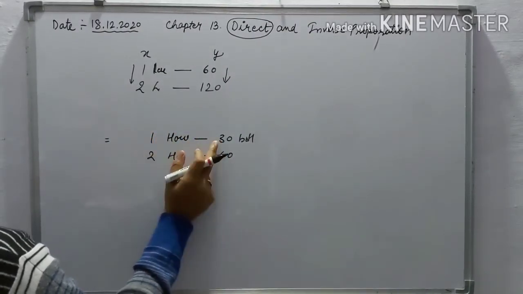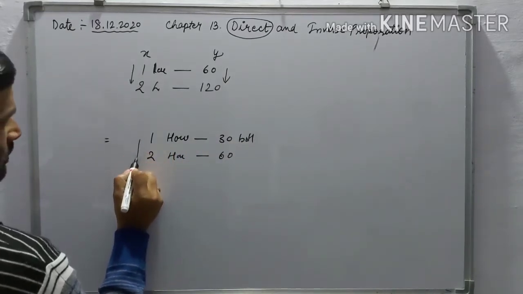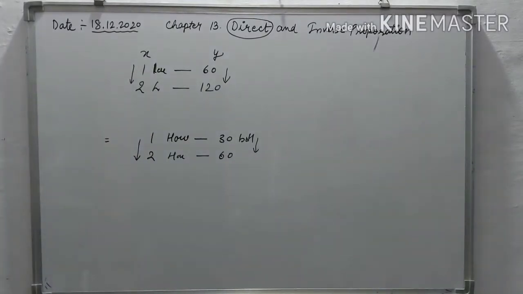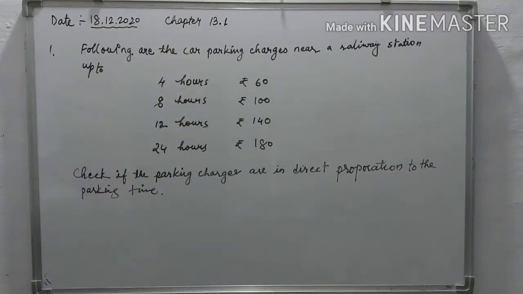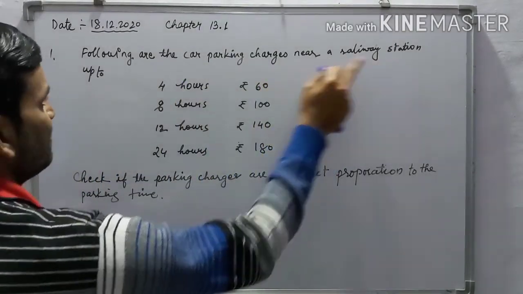In 1 hour 30 bottles are made, and in 2 hours 60 bottles are made. It means both quantities increase in the same ratio. So this type of relation is called direct proportion.